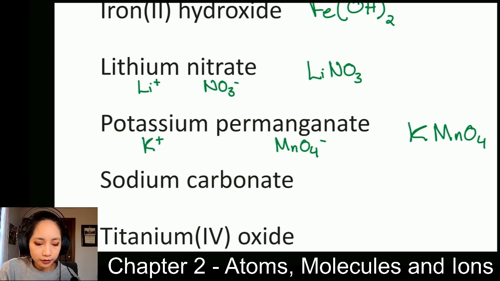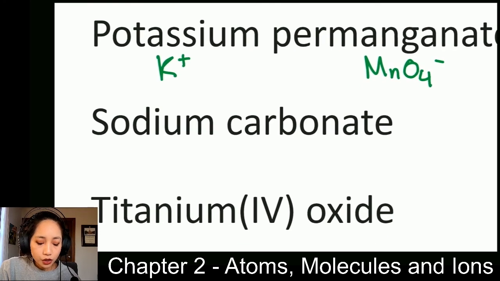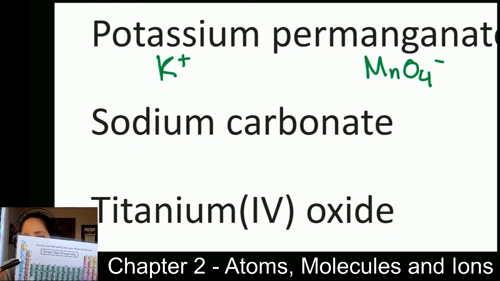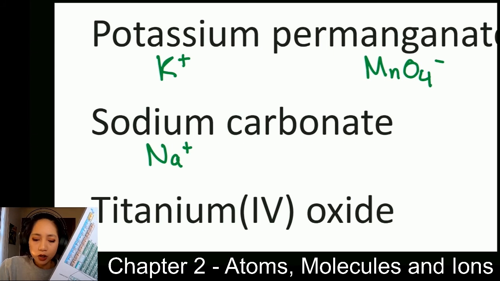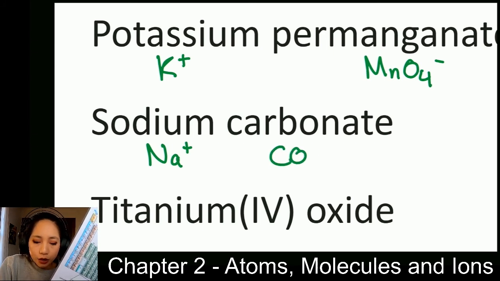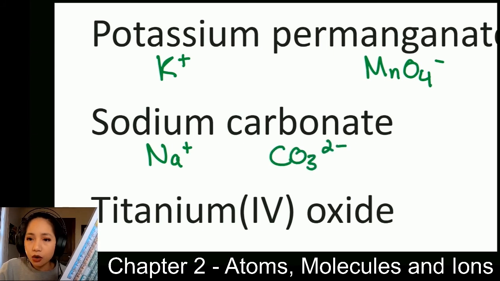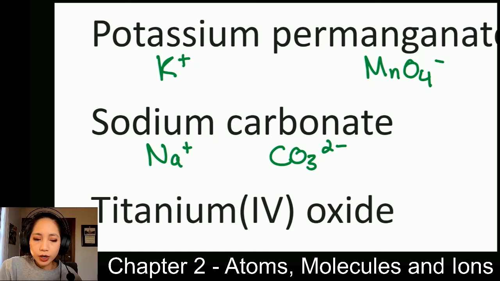Let's keep going. Sodium carbonate. Sodium, where's that on the periodic table here? 11. All right, so sodium, same group as lithium and potassium. So sodium will form the cation Na+. Carbonate is CO3 2-, according to our handout. And so let's think about how those charges interact. So we have a 2- and just a +1.